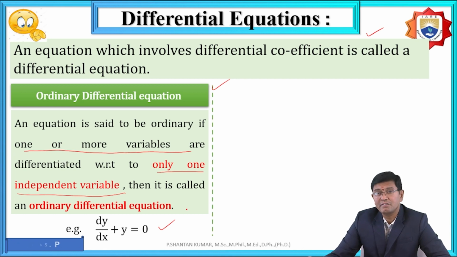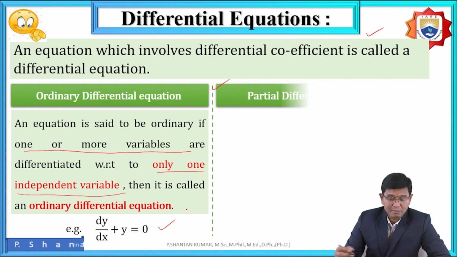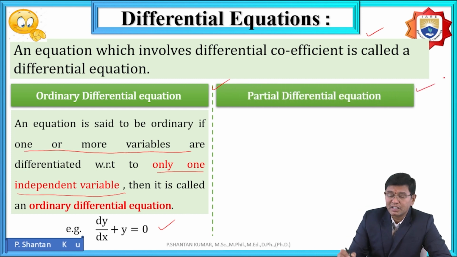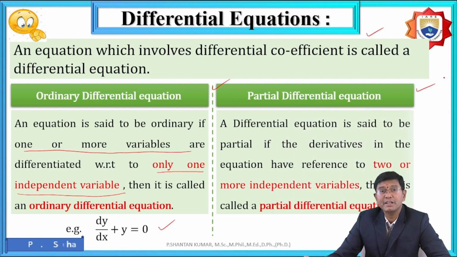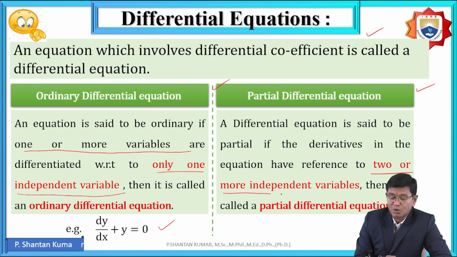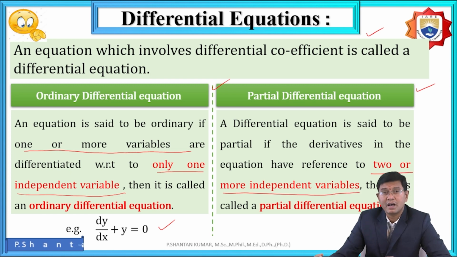Whereas the partial differential equation has at least two independent variables. That is the meaning of partial differential equations: two or more independent variables occurring.